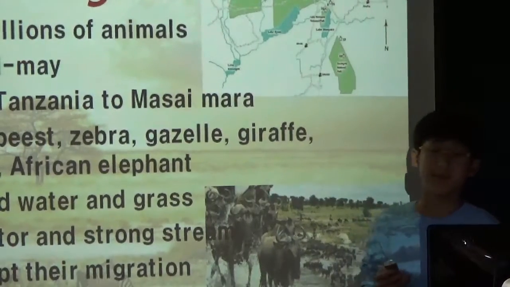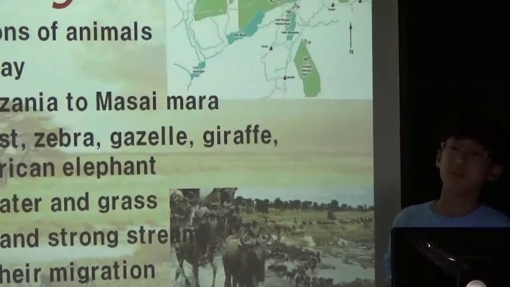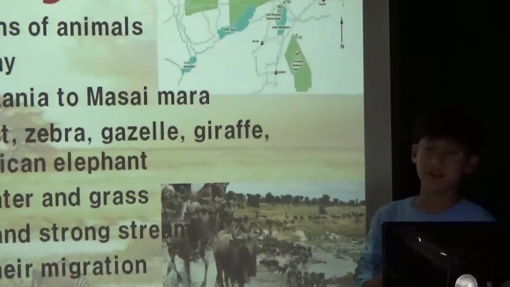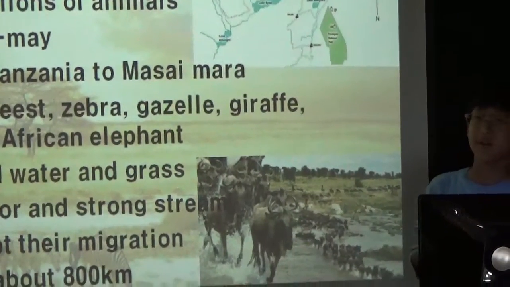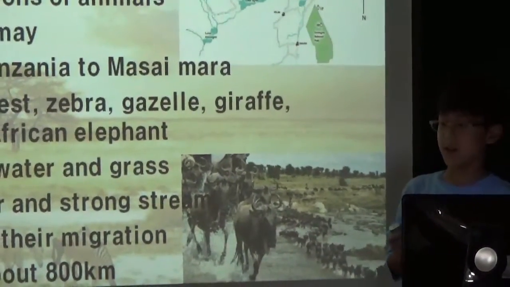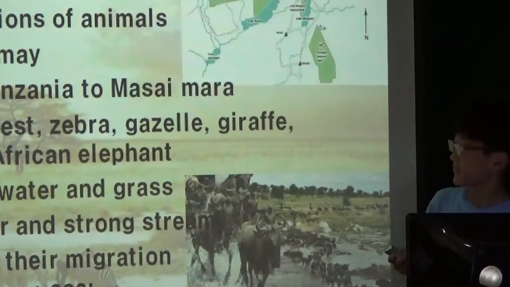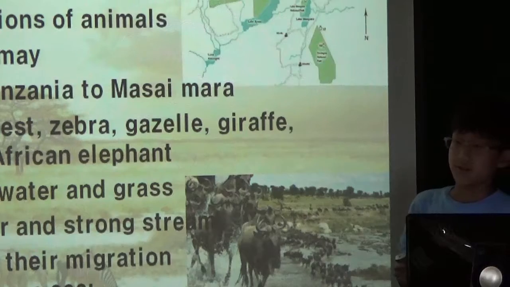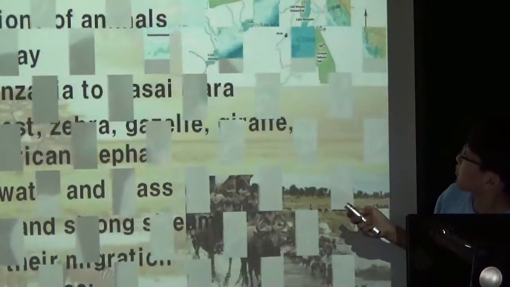They start the migration in Tanzania and run across the savannah. Almost all the animals arrive at Masai Mara. Masai Mara is in Kenya, near Nairobi.